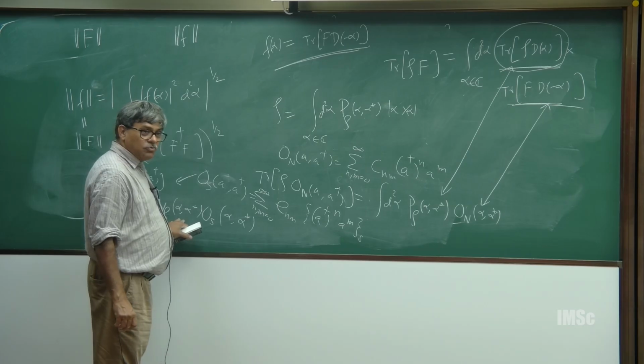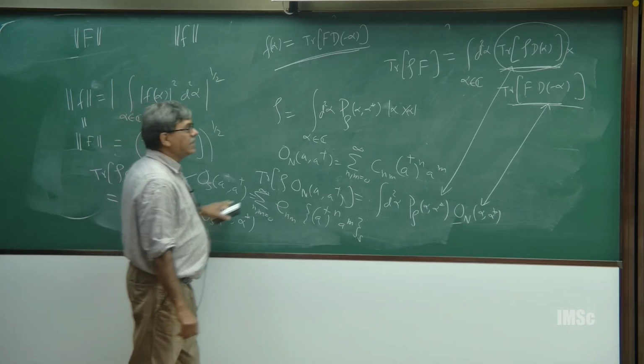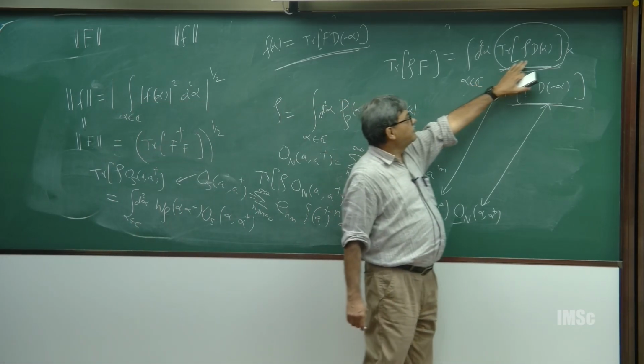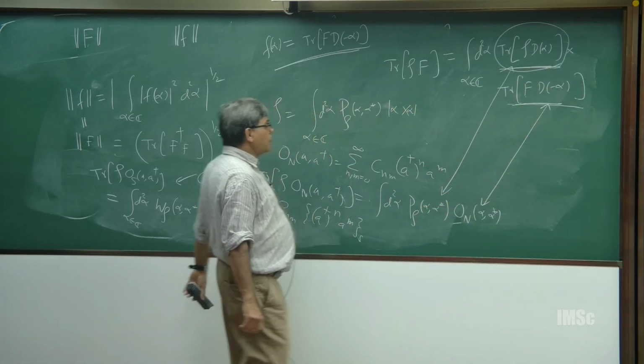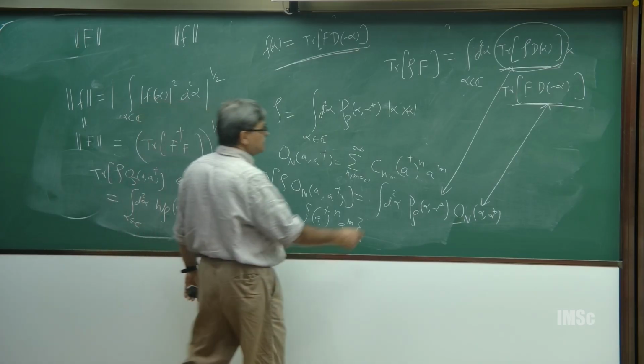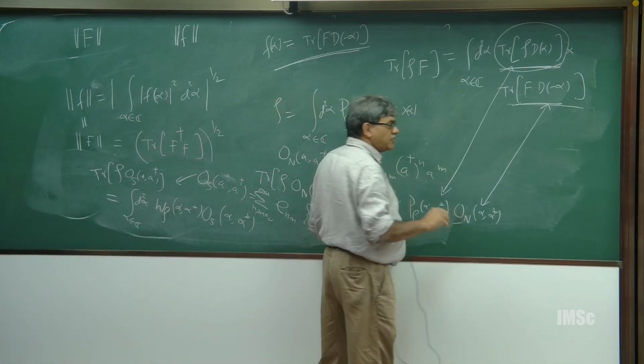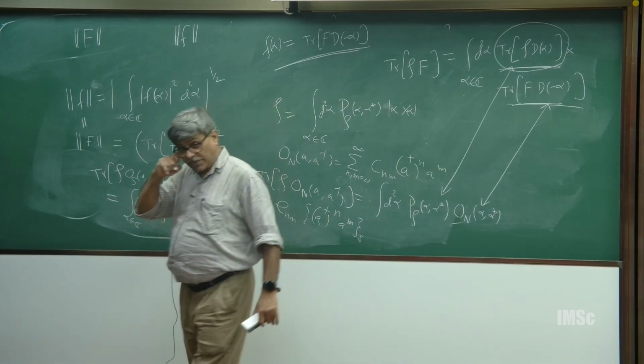In fact, the Wigner function will be basically this one, trace of D alpha rho D alpha. For other phase space distribution functions this is not so simple, but we will have a similar expression.